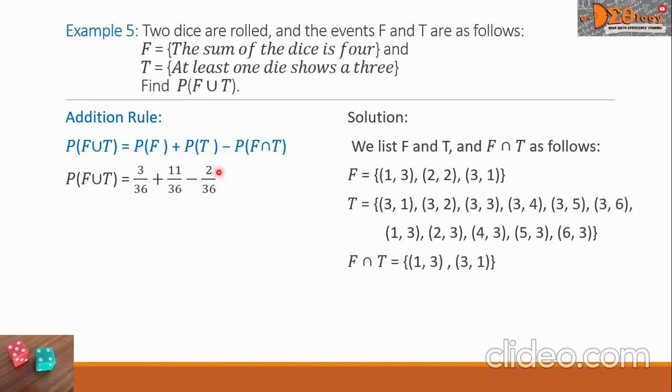We write here 2 because there are two pairs in our F intersect T. And then let us operate the three fractions, and the answer is 12 over 36. Let us reduce this to lowest terms, so we have now 1 over 3. This is now our final answer.